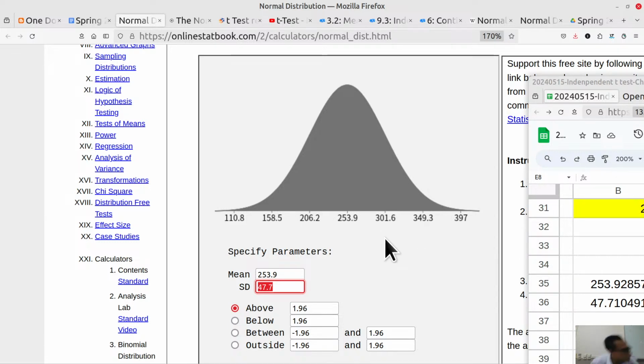So you can see here, from the average 253.9 is the highest point, the peak on the top, and plus 1 standard deviation, the cholesterol level here, plus 2 standard deviation, the cholesterol level is here.